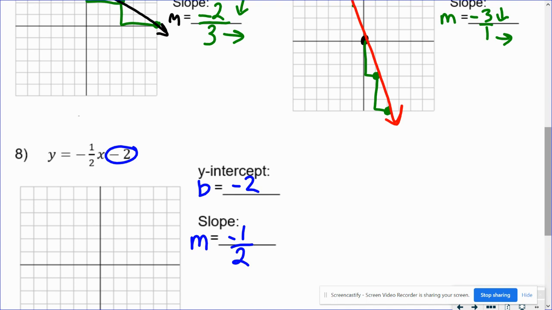Go down 1, always run right. Okay. So we know it's negative, but then we always run to the right.